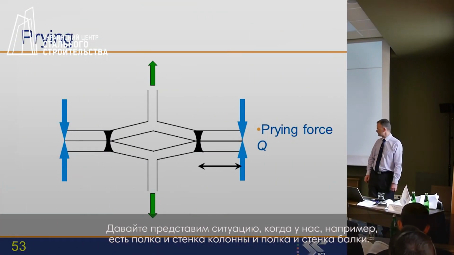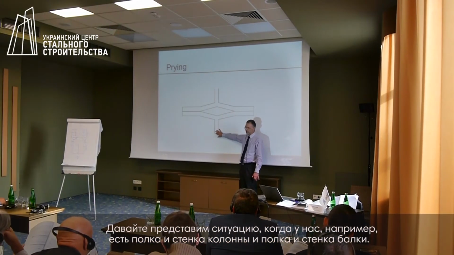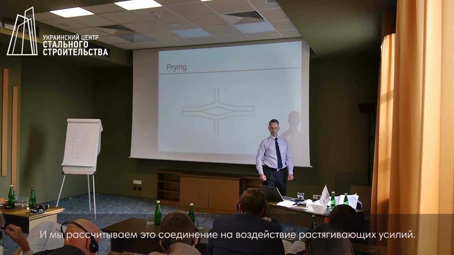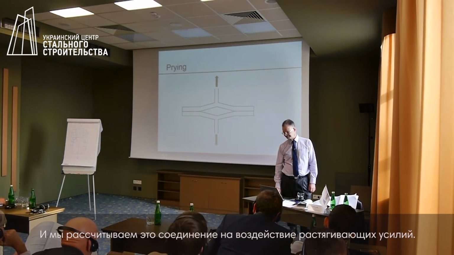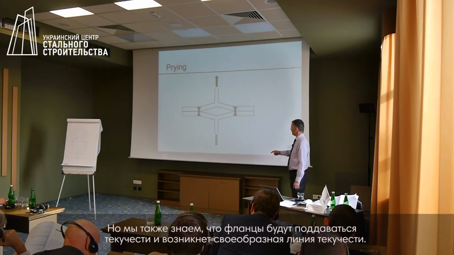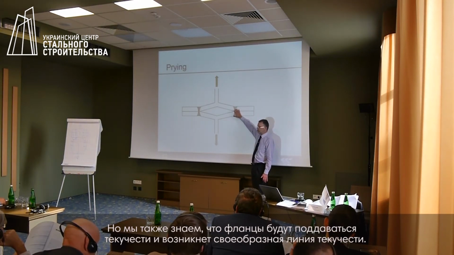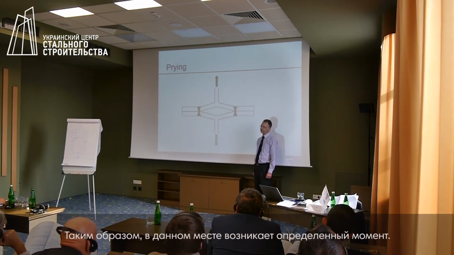So let's imagine the situation where we have perhaps a column flange and a column web, a beam end plate and a beam flange, and we are subjecting that connection to a tension. Well, the bolts carry the tension, but we also know that the flange and the end plate are going to start to yield. There's going to be a yield line running in and out of the screen along that line.